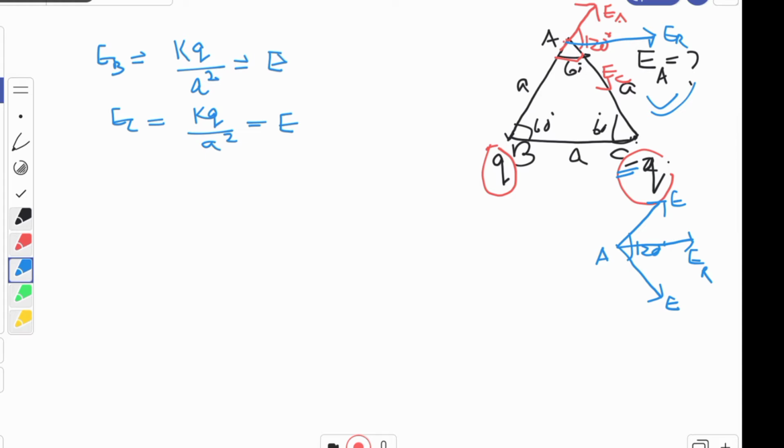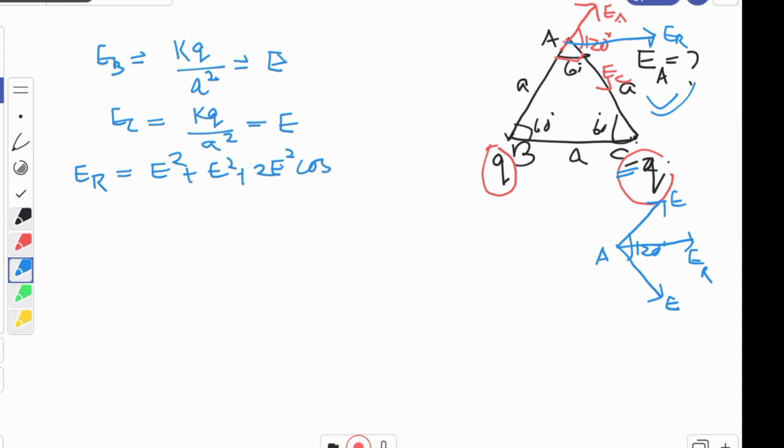Now as per the parallelogram law of vector addition, how to find out ER? ER is nothing but, put the formula. Hope you know this. We have studied it in class 11 and I have uploaded the same videos also. You can refer to it if you have any confusion.